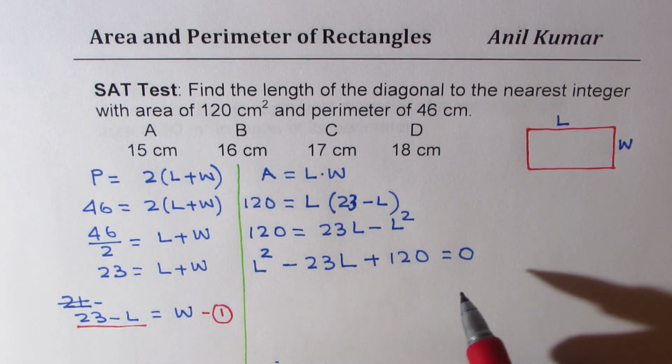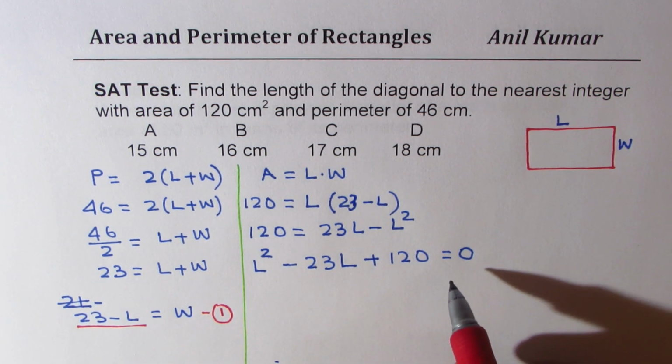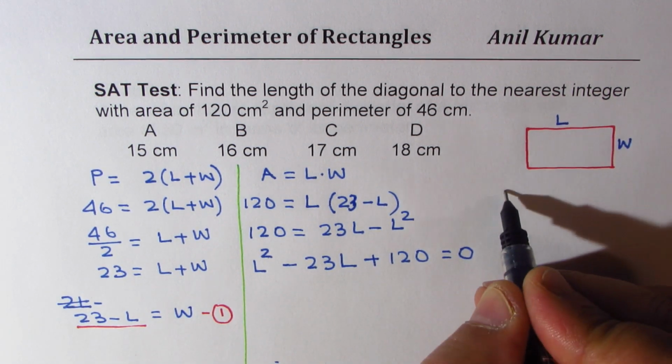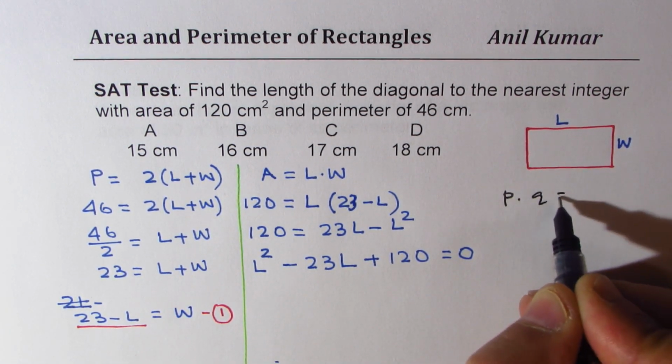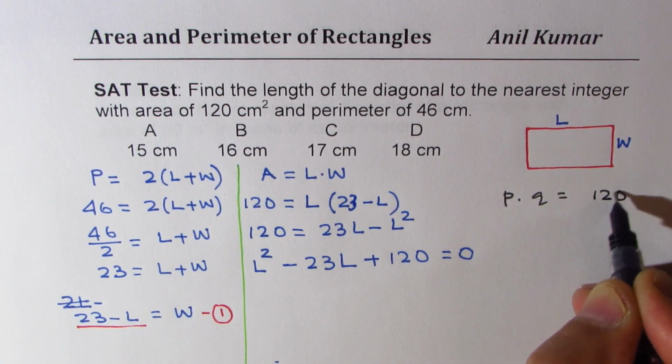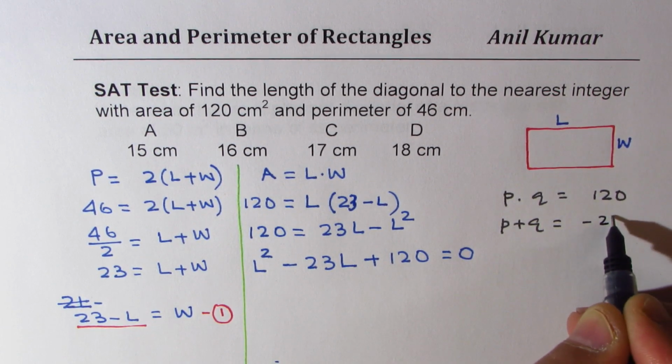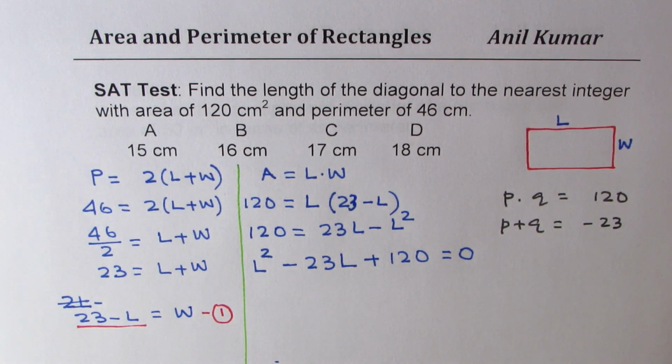Now to factor, let's get back to product and sum concept, right? So we are looking for two numbers whose product should be 120, and if you add them, you should get minus 23. Now what could be those two numbers? This is what you have to think about a bit, correct?